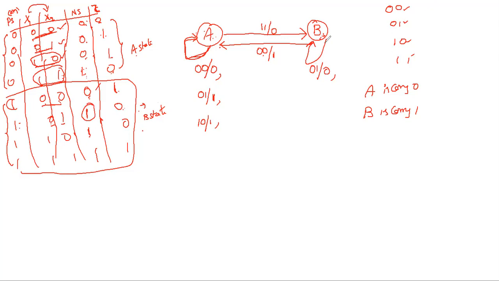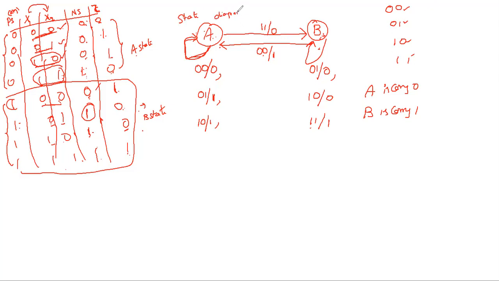For the remaining conditions, you are staying here only. So for 1 0, output is 0. For 1 1, output is 1. So this is the state diagram.